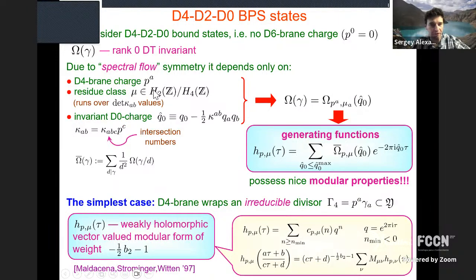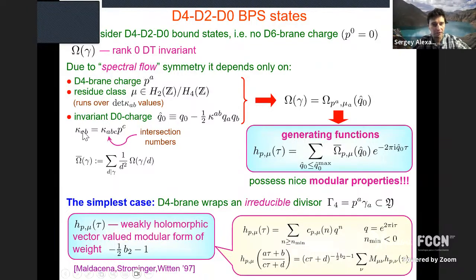There is the spectral flow symmetry, which says that, roughly speaking, your BPS index is invariant under certain shifts of the charge vector. And these shifts allow us to essentially remove the D2 brane charge, but not completely. So some information about it remains.